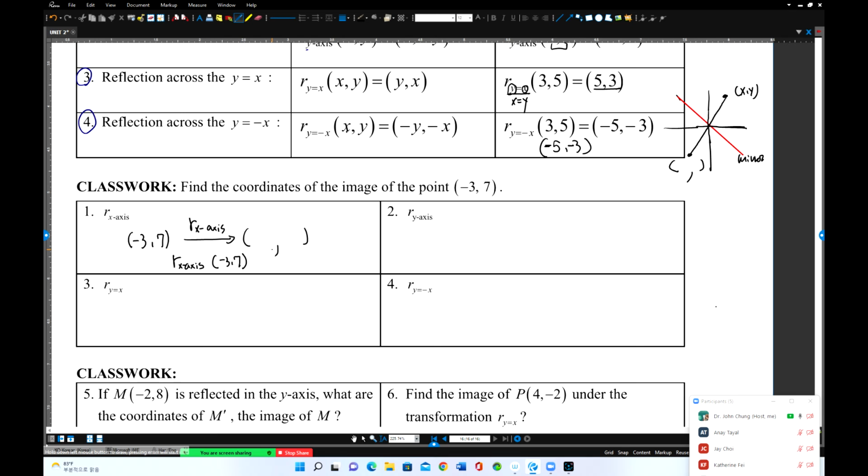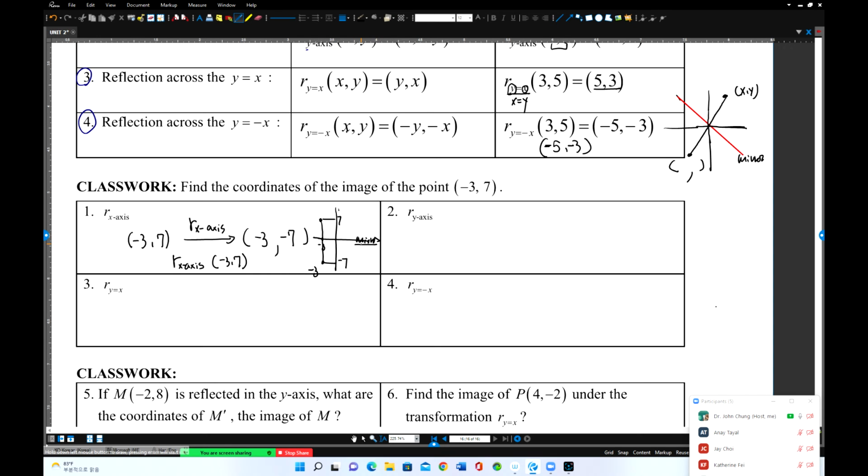What is the x-axis? Draw the coordinate plane in your head. The x coordinate is the same as before. Only y changes plus to minus: -3, -7, isn't it? Or you can use this one. -3 over here and 7. This is a mirror. On the other side it's still -3, but the other one is -7, right?